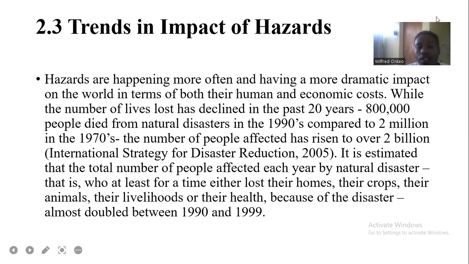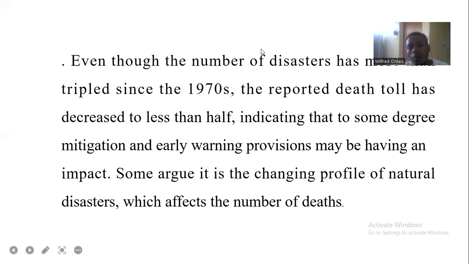International Strategy for Disaster Reduction. It is estimated that the total number of people affected each year by natural disaster, that is, who at least for a time lost their home, their crops, their animals, their livelihoods, even their family members, almost doubled between 1990 and 1999.